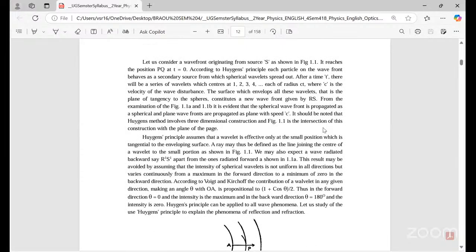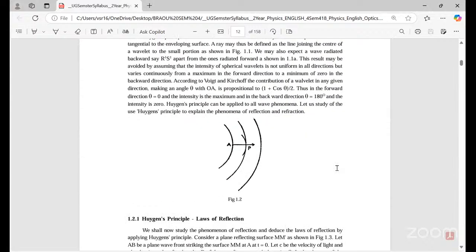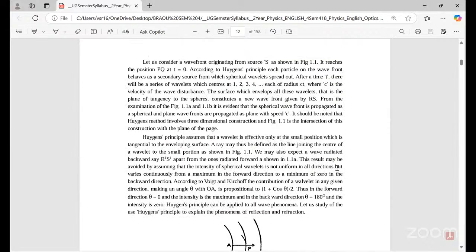Here the condition is that a wavefront originates from the source S, which is not shown in the figure.